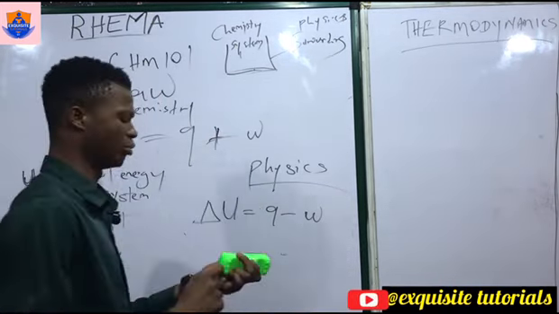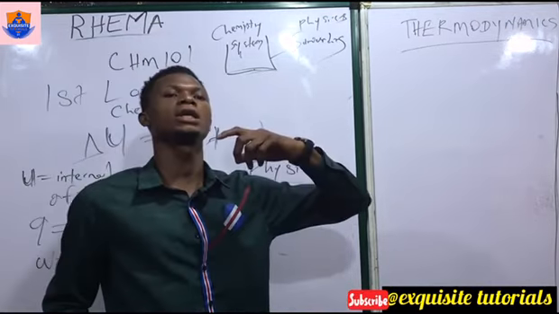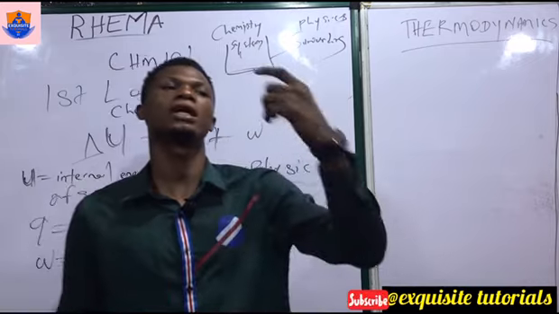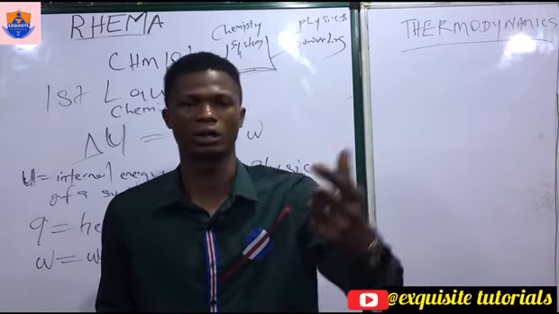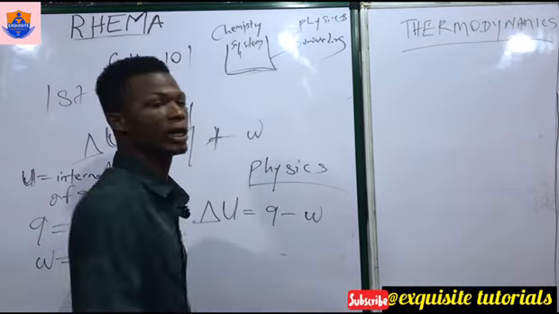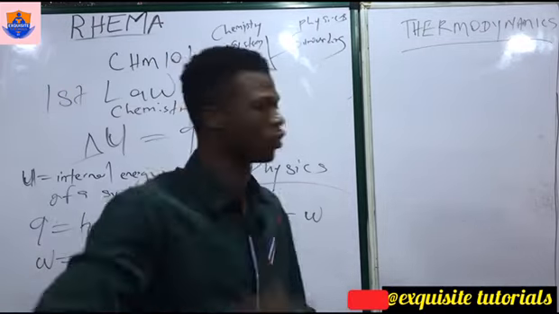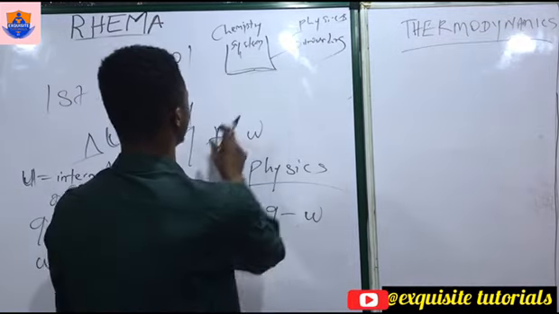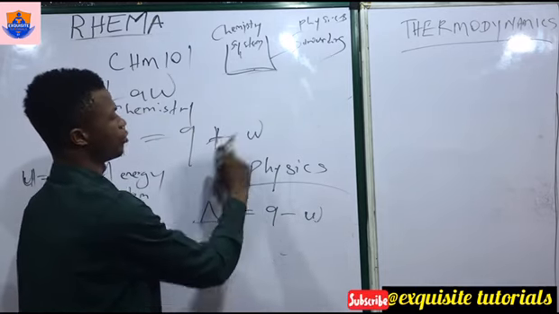Now, let's say, for example, in chemistry, when heat is given out from the system, or when work is done, it is the sign of work that changes for both of them.